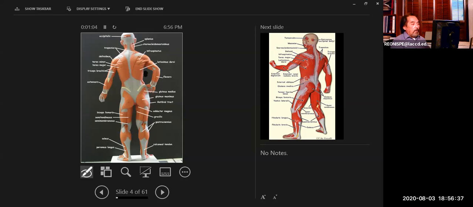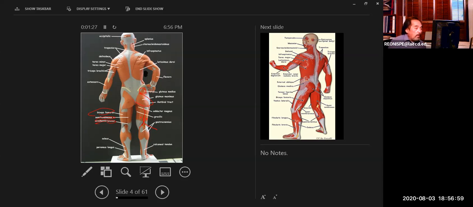Okay, so lower extremity, gluteus maximus, gluteus medius. And remember, this is going to be the curtain. The curtain that goes to the side is going to be the biceps femoris, and the curtain that is on the medial side is going to be the two semis, semitendinosus and semimembranosus.